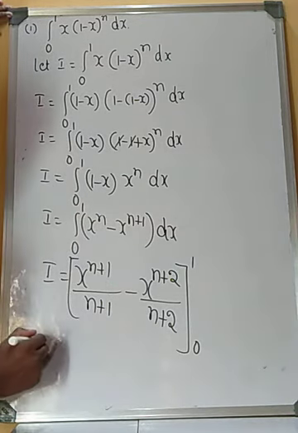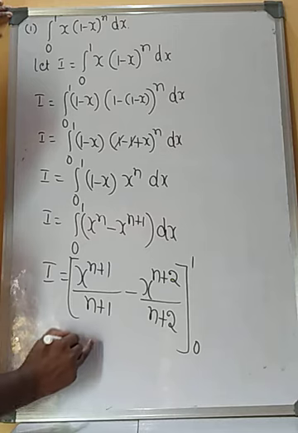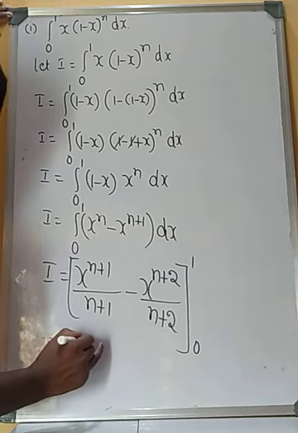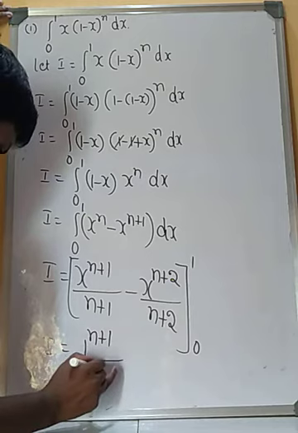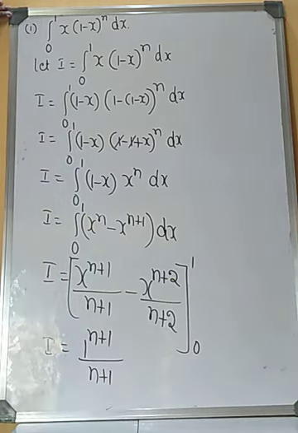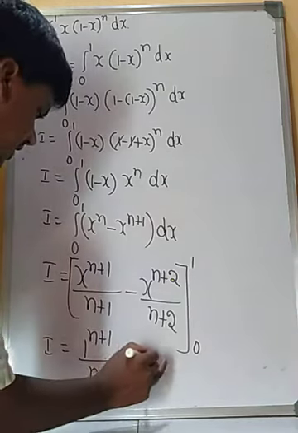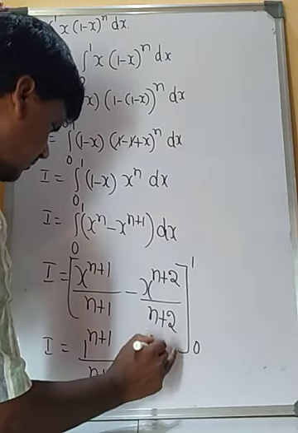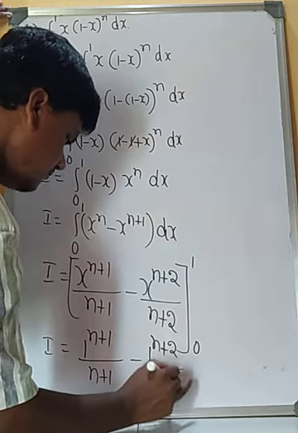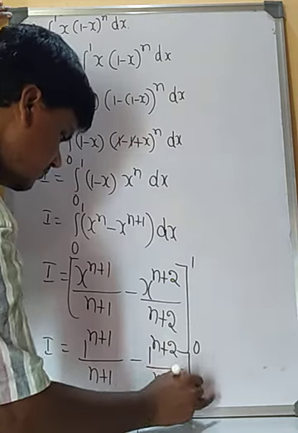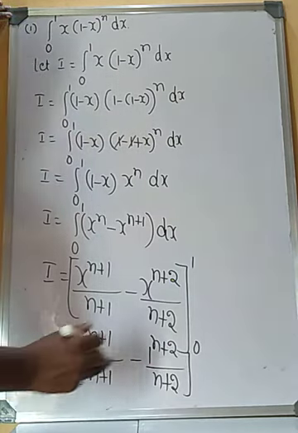So I equals 1 power n plus 1 divided by n plus 1 minus 1 power n plus 2 divided by n plus 2 minus 0.